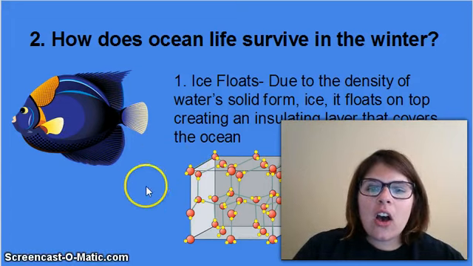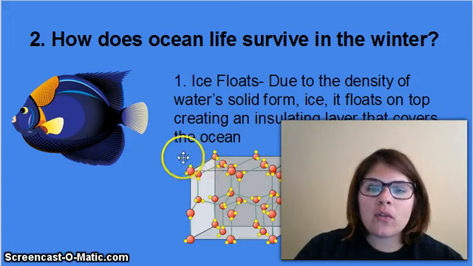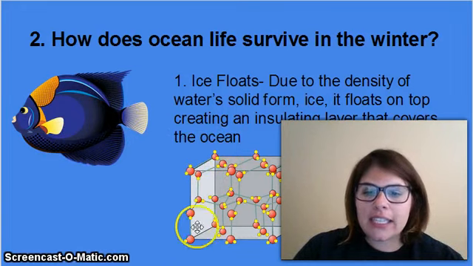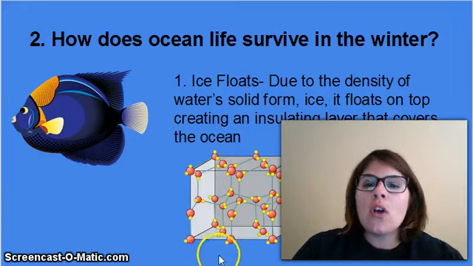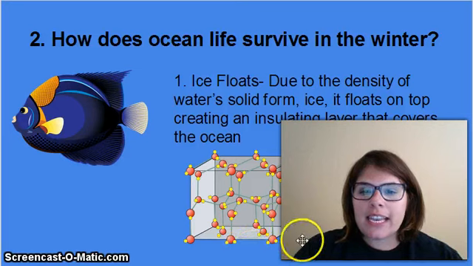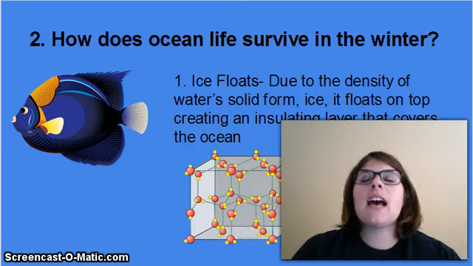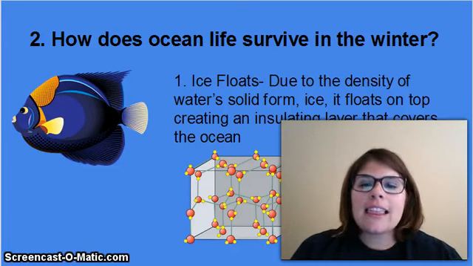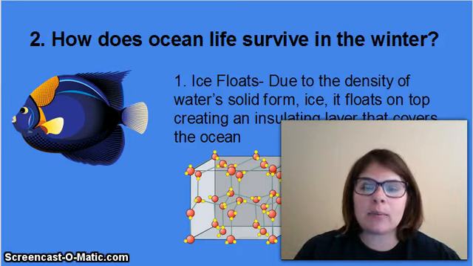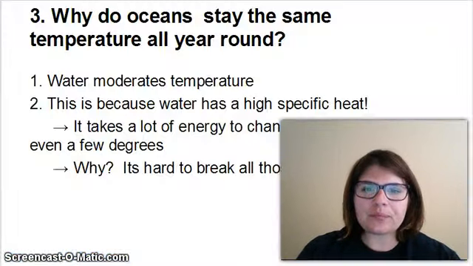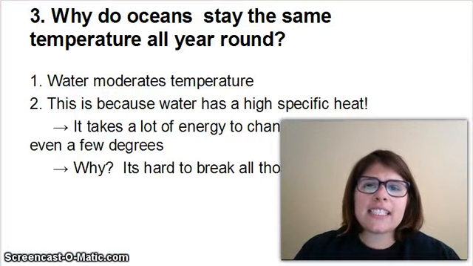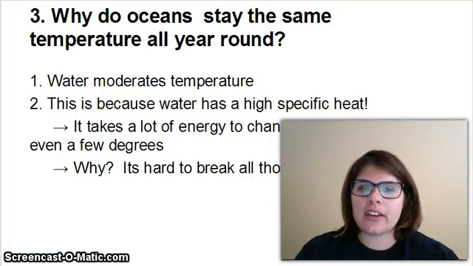So if you see all of these red molecules here with the yellow, those are all water molecules, and they've created a 3D crystal structure, but it's become less dense. So that lower density is what creates the ice, and then the ice is able to float, creating that insulating layer.